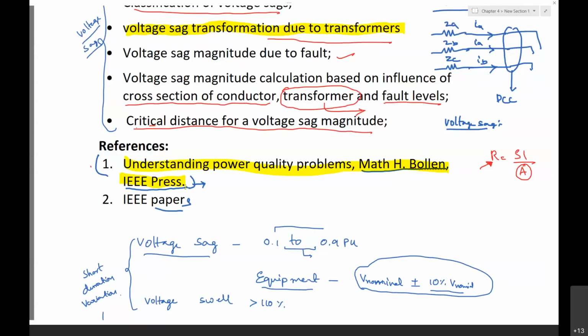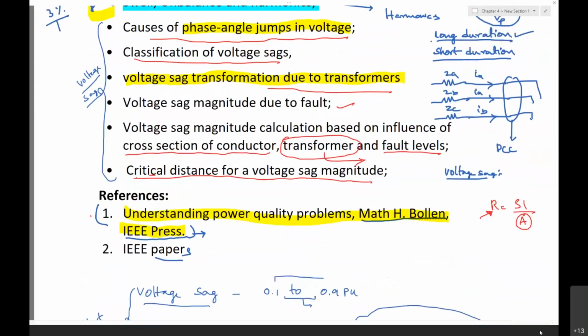Okay, sir. About the mid exams, when are the mid exams of power quality? Ninth. Is it final, or is there any change in the dates?